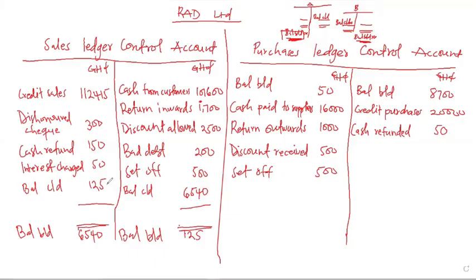So when you add the debit side and you add the credit side, including the balance carried down, we don't add the balance brought down. We only add the figures, including the balance carried down. When you add the debit side and the credit side, it should give you that same amount.